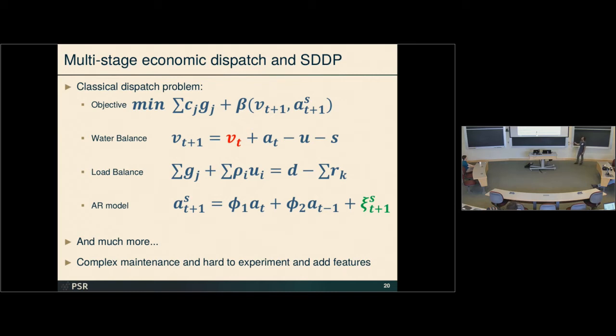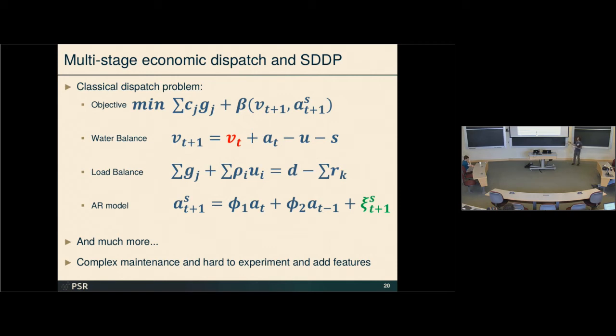Then you have this thing called the future cost function, which means if you're keeping water, this is the value of your reservoir at the end of the stage, and this is the inflows, the predicted inflows for the next stage. So if you're keeping water for the future, you have some value of water, because keeping water is sometimes good, since you don't have to use your thermal plants later.